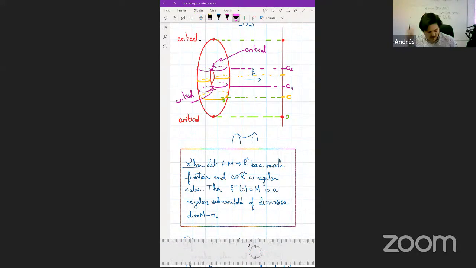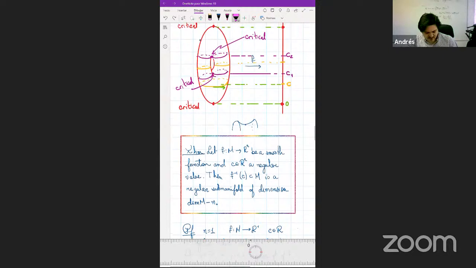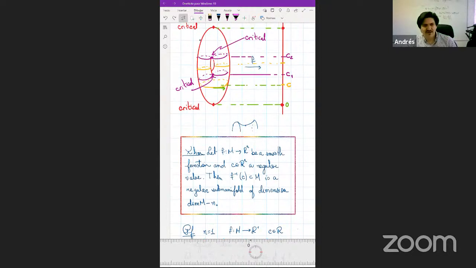Nice. Okay, so I'm going to do the proof just for R1. It is very, very similar in general, but we will do it only for R1.